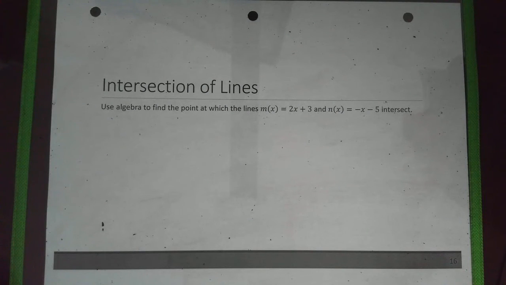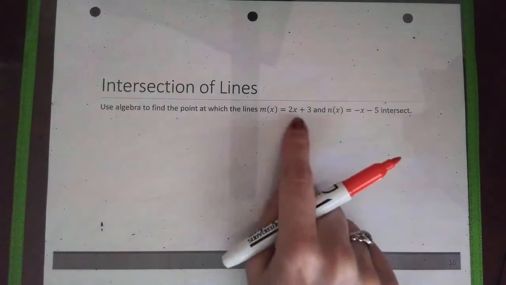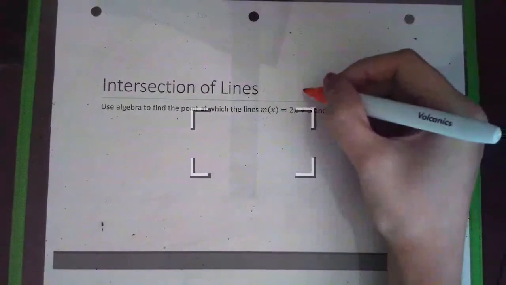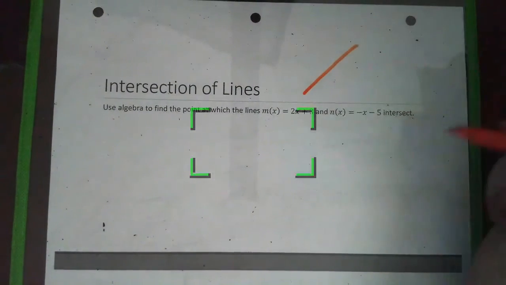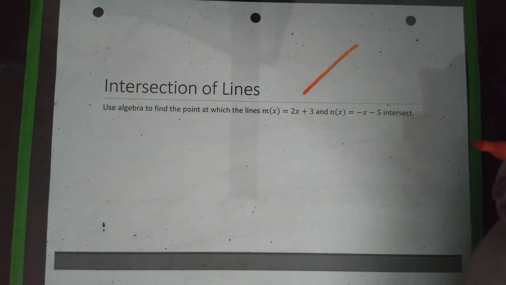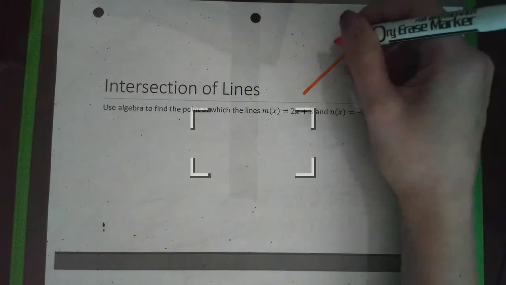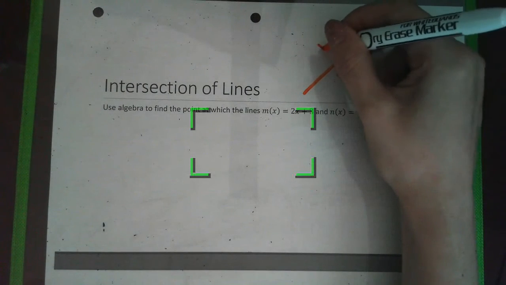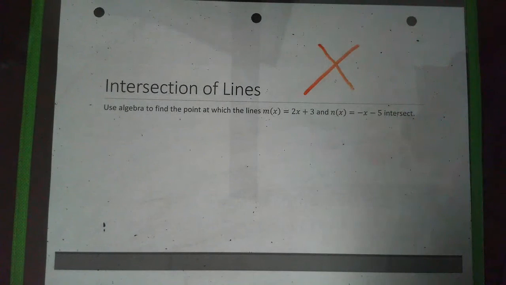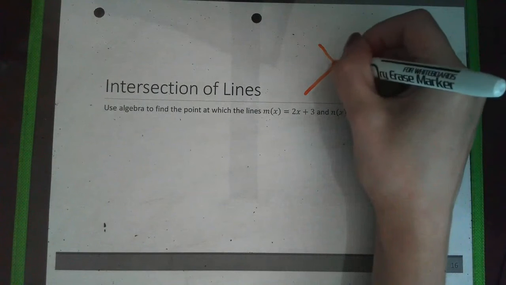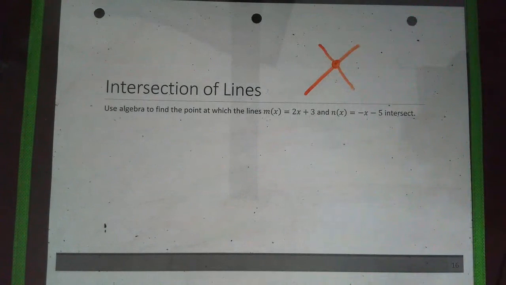Well, let's think about what that means. Our m of x has a slope of +2, so it looks something like that. Our graph n of x has a slope of -1, so it's kind of like that-ish. It's close enough. We're looking for this point of intersection.